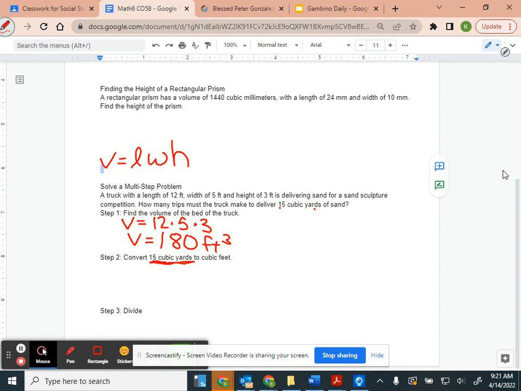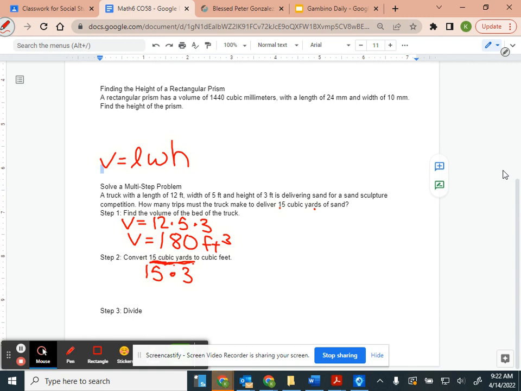I want to convert my yards to feet. Would you do the same thing, but times what? Nope. That's not converting. If it's 15 yards, how do I find out how many feet that is, Gabby? You times it by 3 because there are 3 feet in a yard. Remember how to do that converting.